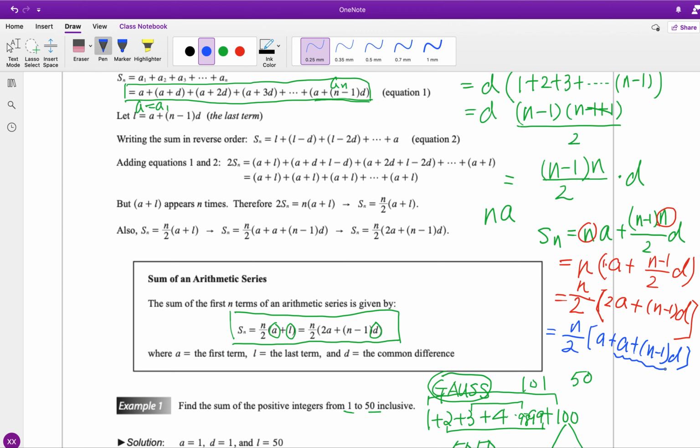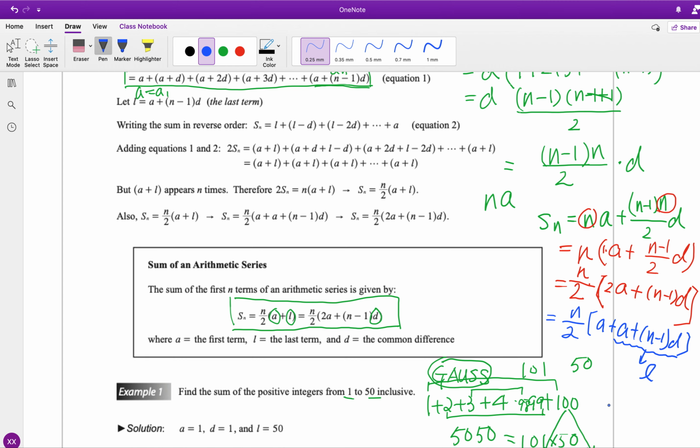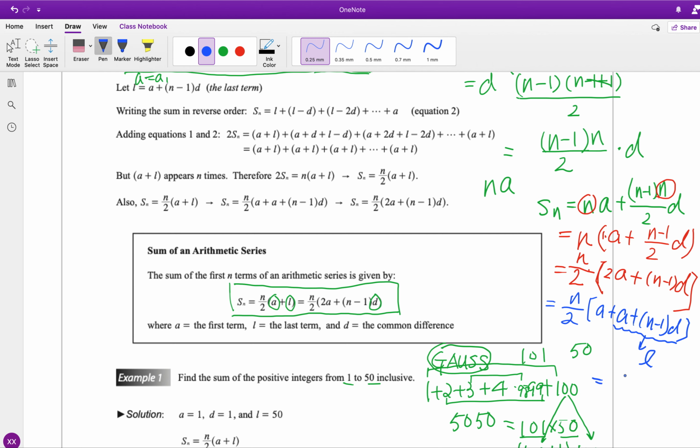Take a look at this: this one is the last term. So I use L for the last term. Therefore, the formula can also be changed to n divided by 2, times the first term plus the last term. Just like that. All right? Okay, so that is the formula.